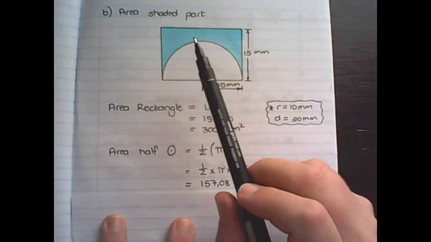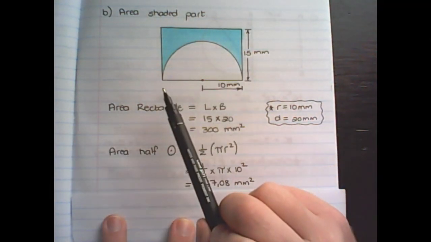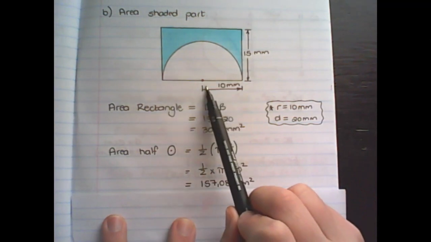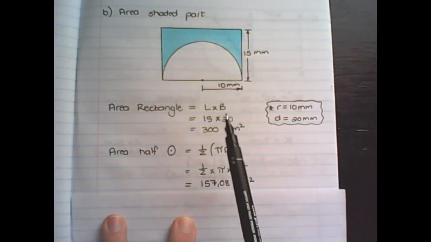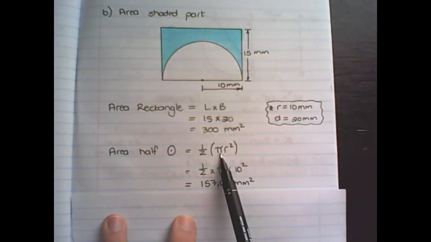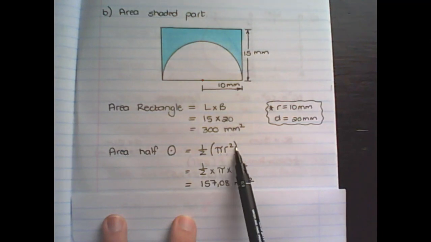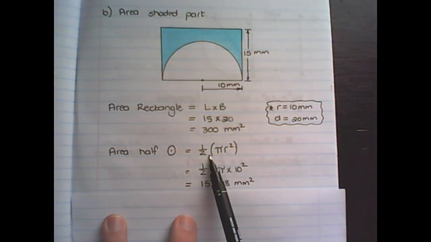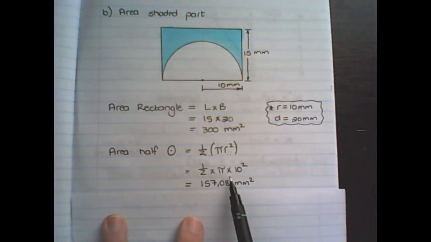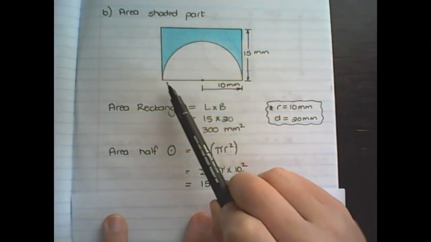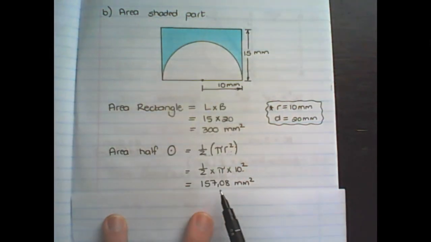Next, I'm going to find the area of the half circle. So I have the radius as 10 millimeters and the area of a circle as pi times radius squared, but I only want half of the area. So it's half times pi times radius squared. And when I put it in the calculator, I find that the area of the half circle is 157.08 millimeters squared.